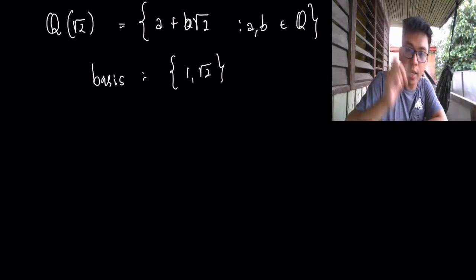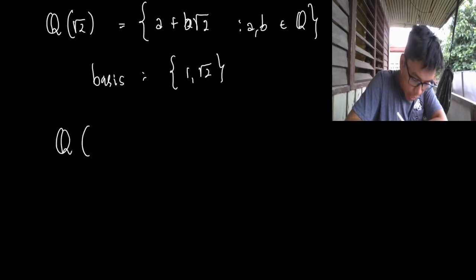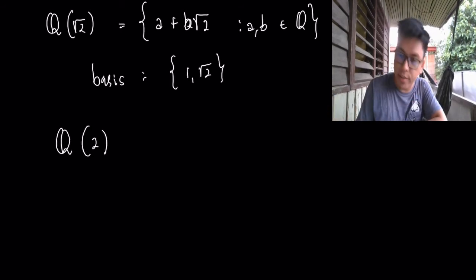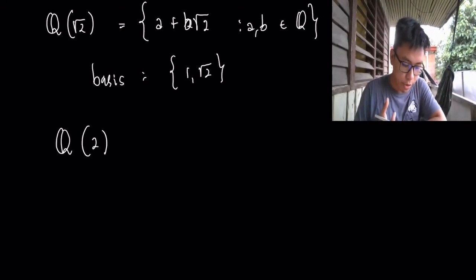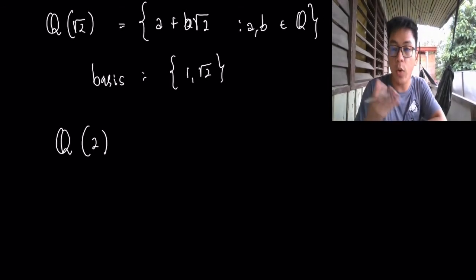Now, my question is, what if it's not square root of 2, it's 2? So what could be our basis for Q of 2?